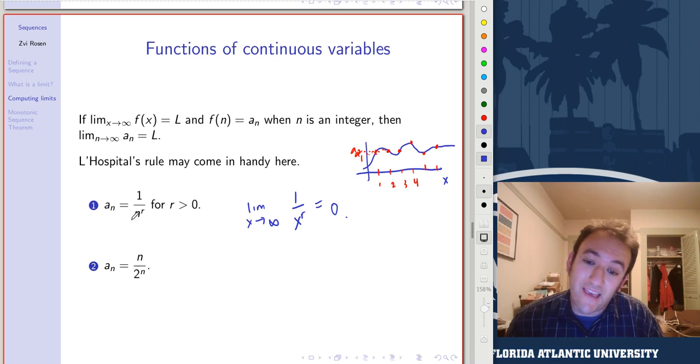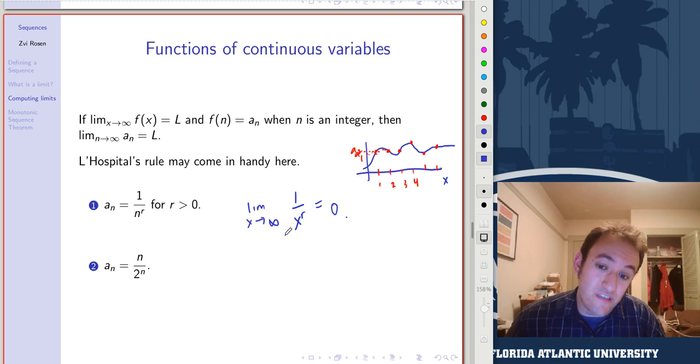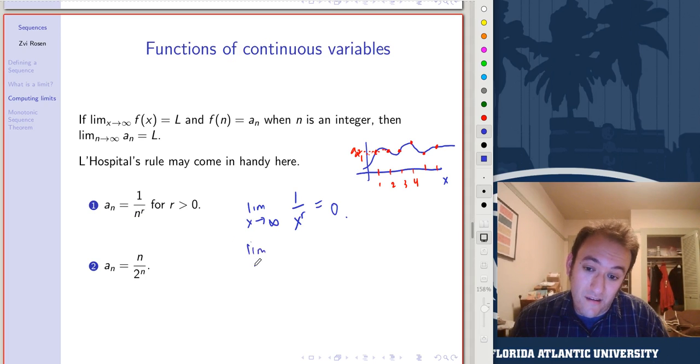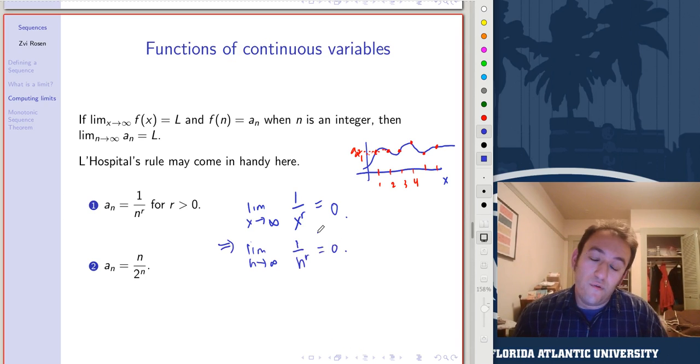Okay, well, since we're looking at the values of this function at the integers, this implies the limit as n goes to infinity of 1 over n to the r is also equal to 0. And we're deducing that fact about this sequence from the fact about the function.